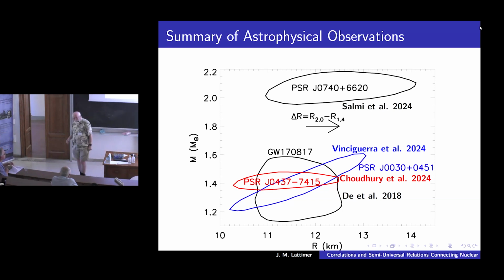And that comes from two features. One is that they didn't include the equation of state correlation in the first analysis. And secondly, when they were modeling with lambda, they sampled lambdas in a uniform way.